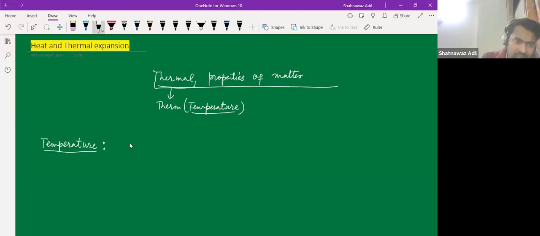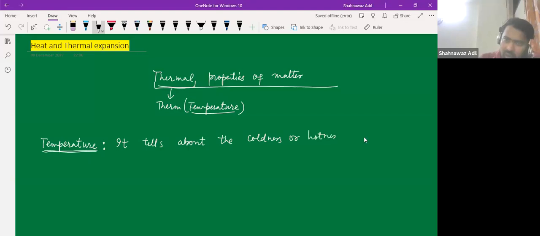It tells about the coldness or hotness of the object.